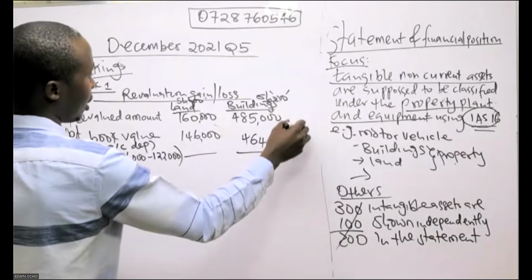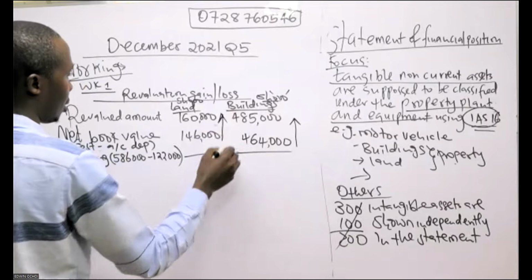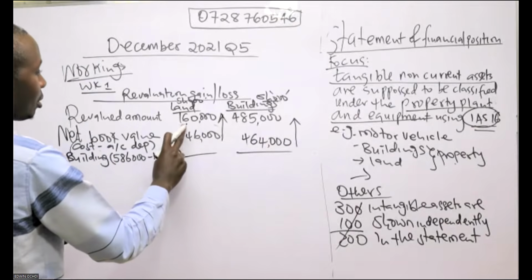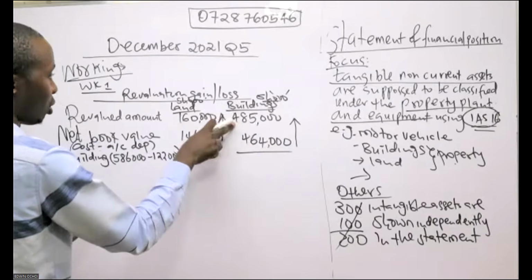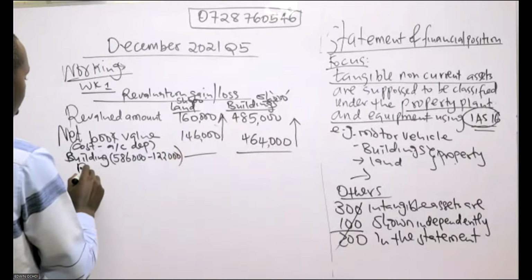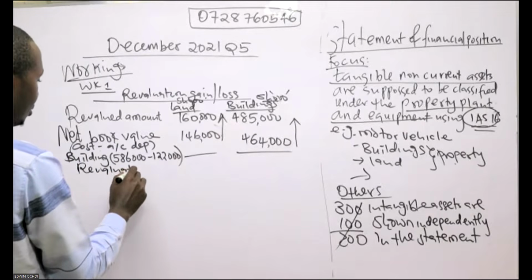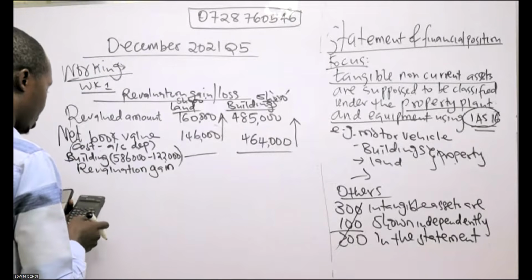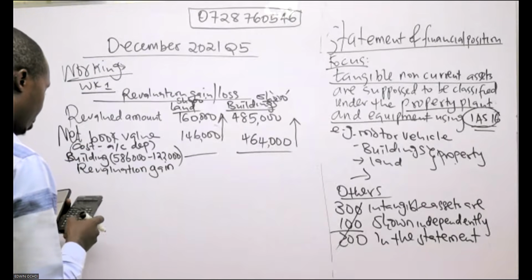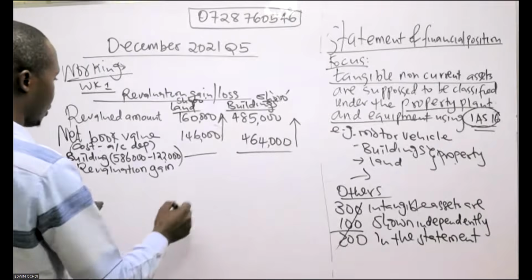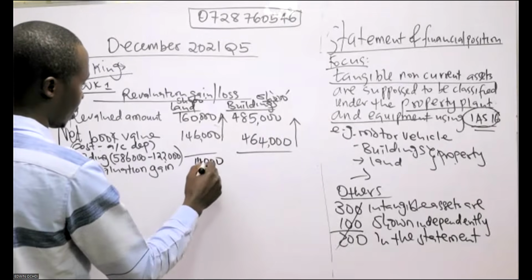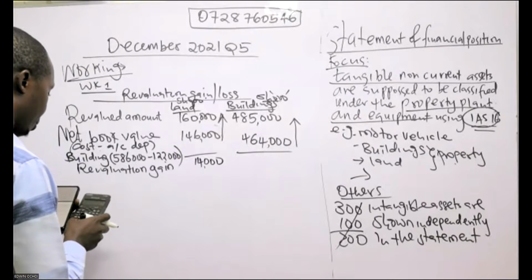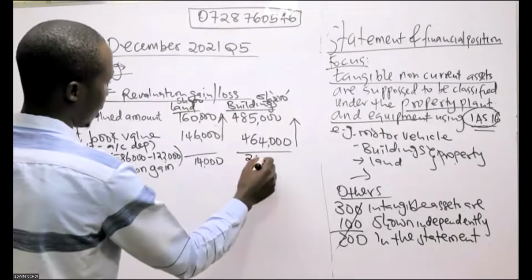So there was a revaluation gain, because they are from 146 to a revalued amount of 160, and from 464 to a revalued amount of 485. So the revaluation gain is 160 minus 146, 14,000; and 485 minus 464, 21,000.